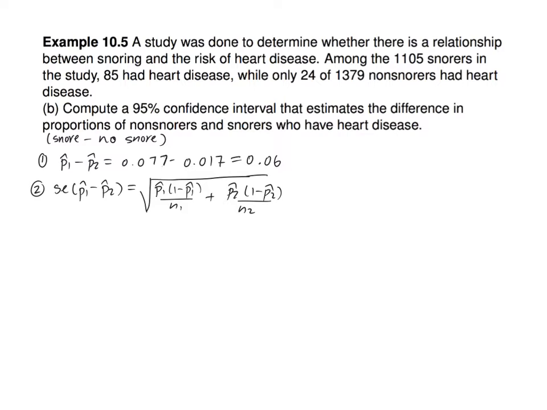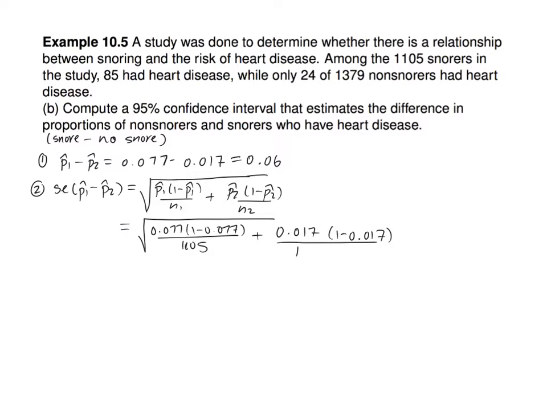So 0.077 times 1 minus that number, my n1 is 1,105, plus 0.017 times 1 minus 0.017 over 1,379.